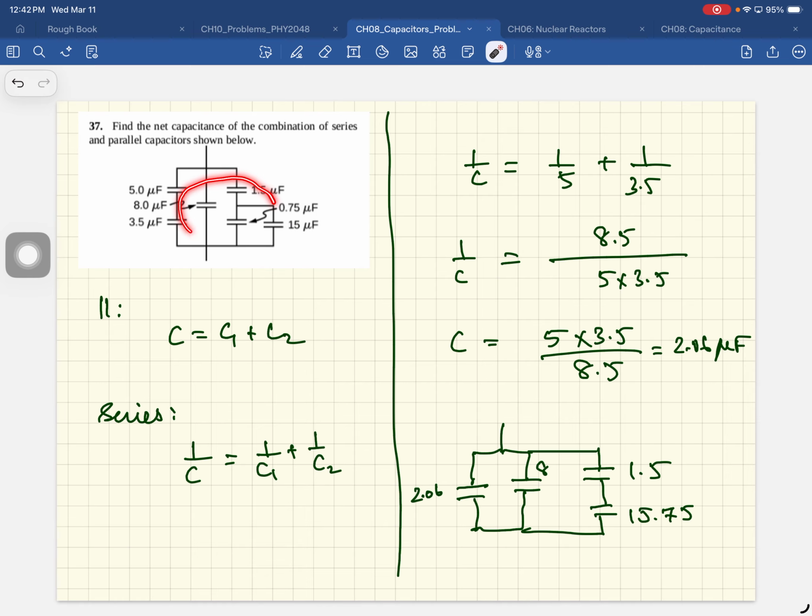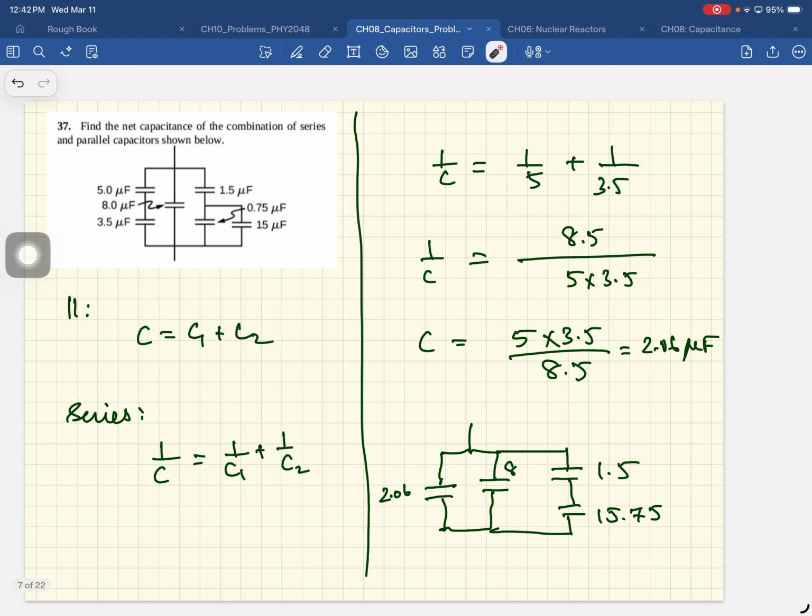Okay, so this has reduced to this. This is simpler. Now we'll add these two in series, and then those three will be in parallel. Okay, so let's reduce this to a single capacitor.